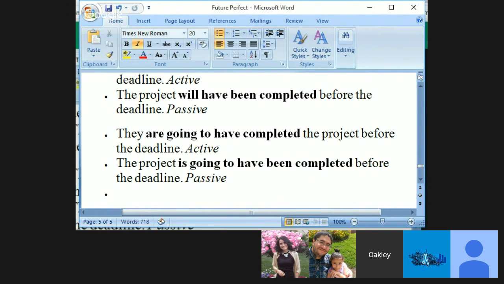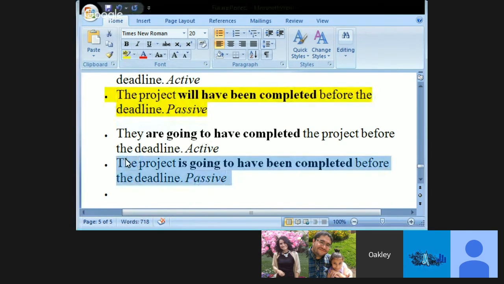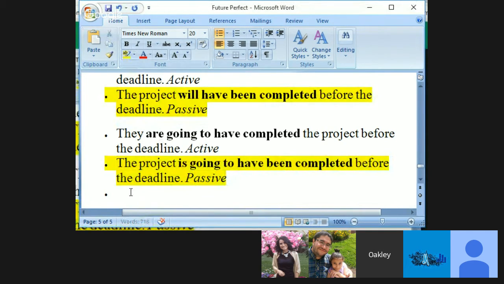Let's try it out. Mustafa, you want to give it a shot? Passive form? Okay, the project will have been completed. Just look at these. Use these as a kind of model.